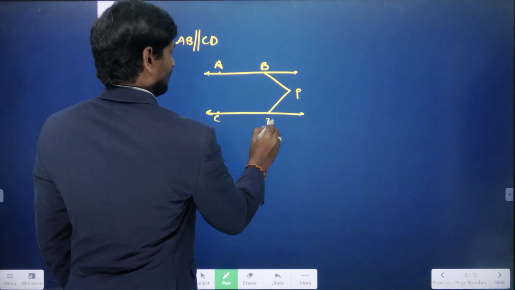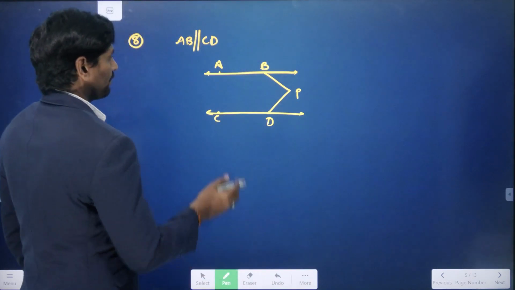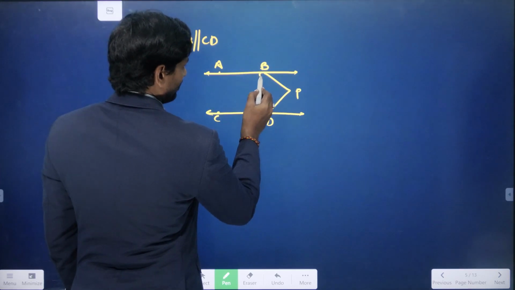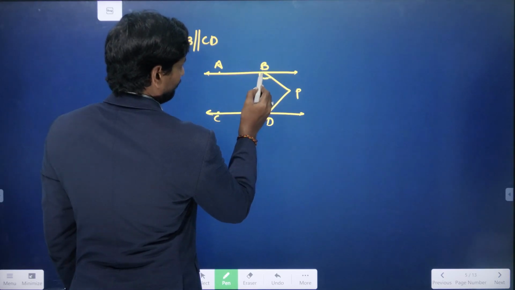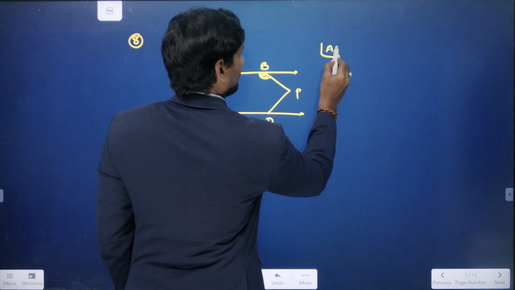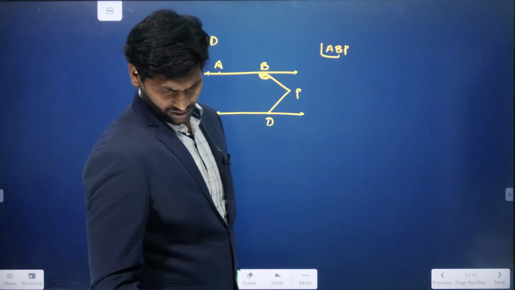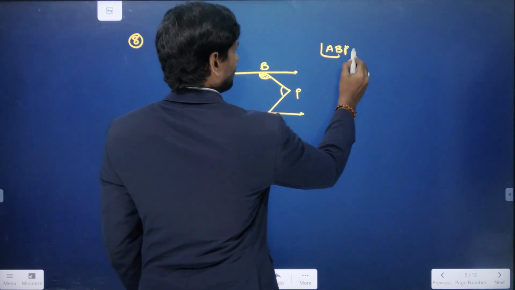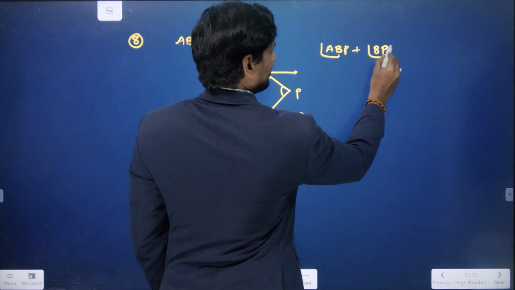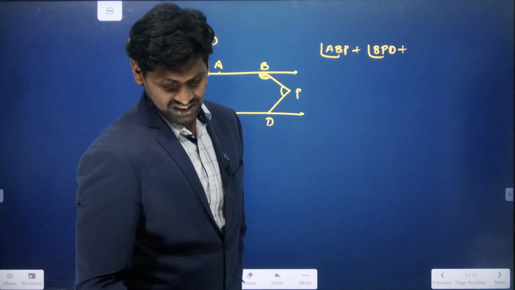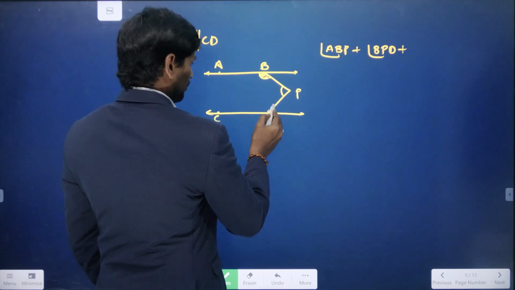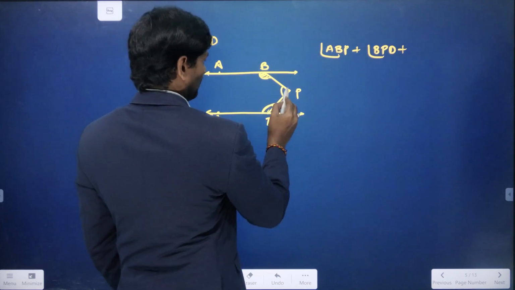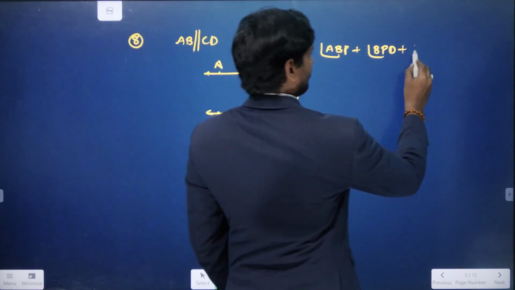Now we need to find the angle APB, that is A to P, P to B. Angle ABP. Next, angle BPD, this one. Plus the third one is angle CDP, this one. So these 3 angles we need to find.